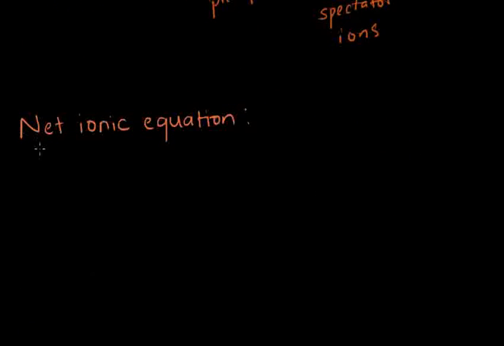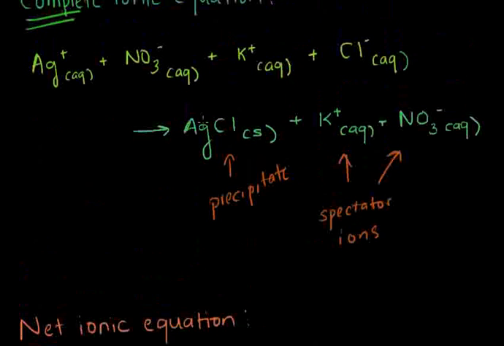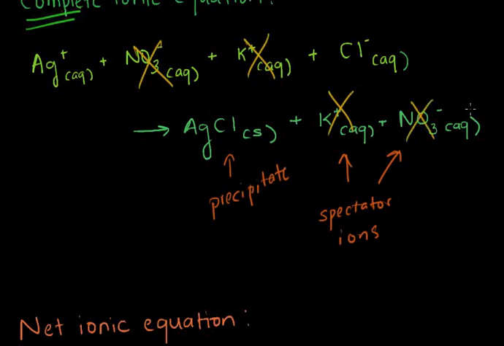We call it a net ionic equation because all we're doing is excluding the spectator ions. We're writing exactly this reaction, but we're going to exclude nitrate and potassium from both sides of the equation.